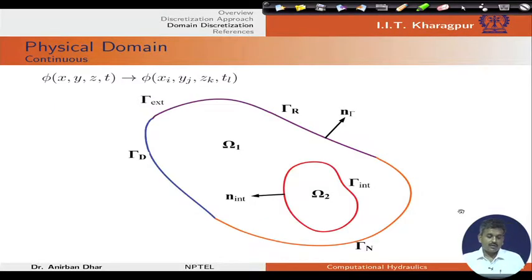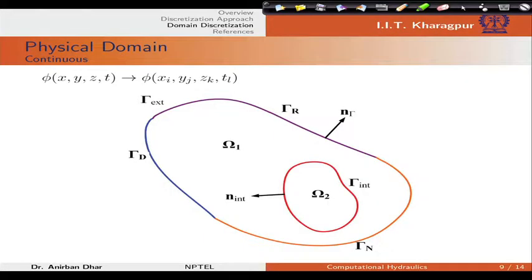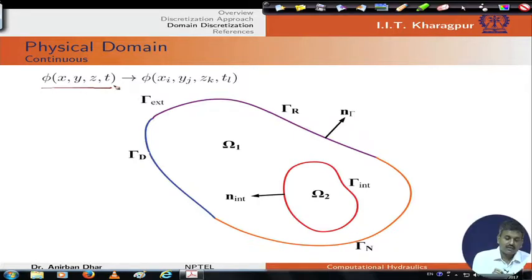So, if we consider the general differential equation with a general function, that is phi(x, y, z, t), for a continuous domain we should have a closed form solution, but through numerical discretization we are getting discrete values.